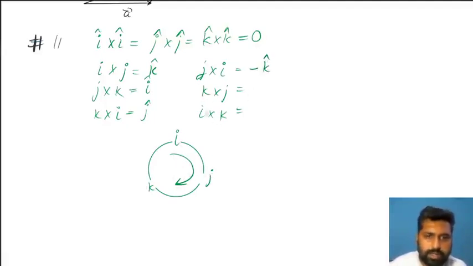K cross J, from K to J we are moving anti-clockwise, opposite to this, so the next is I, but minus I. Similarly, I cross K, move to the next one, J, but since you are moving in the opposite direction, you put a negative. So no need to learn these 6 results, the later ones specifically.